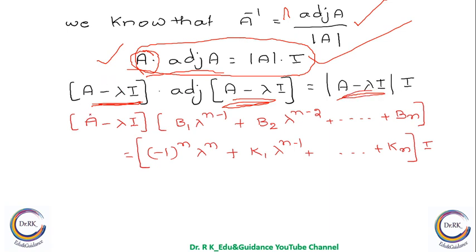Now A minus lambda I is the matrix as it is, and the adjoint of A minus lambda I, as discussed just now, can be written as a matrix polynomial, B1 lambda n minus 1, B2 lambda n minus 2, and so on.